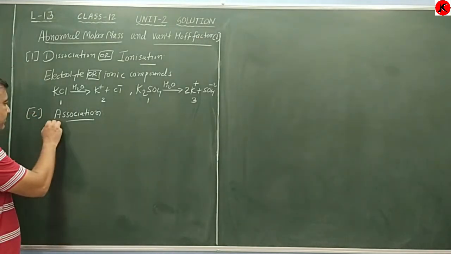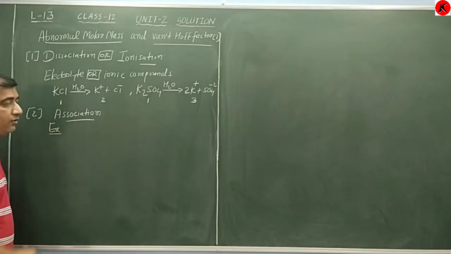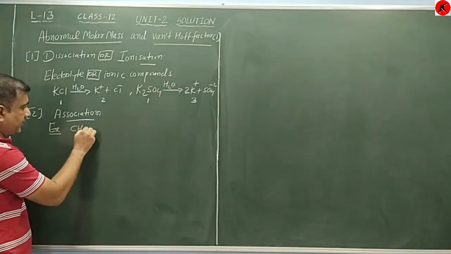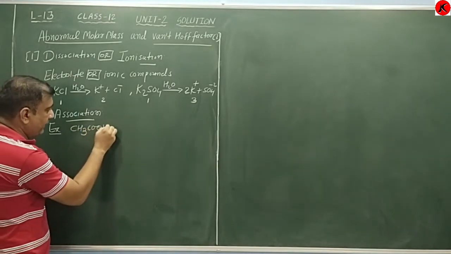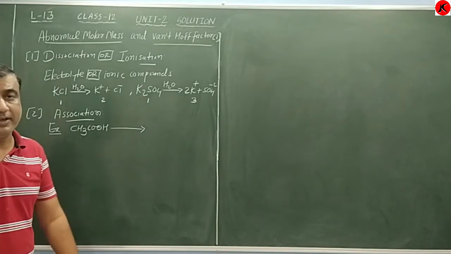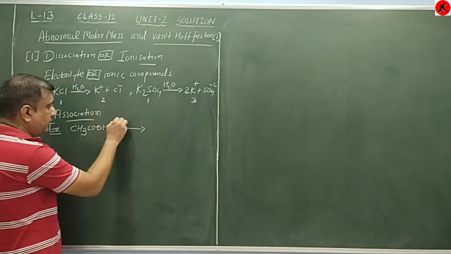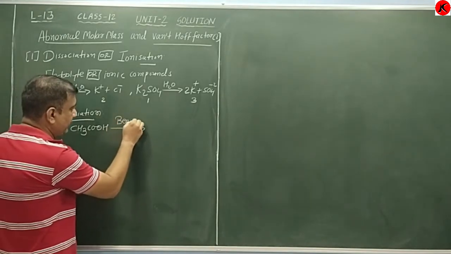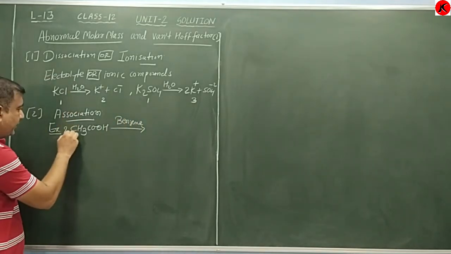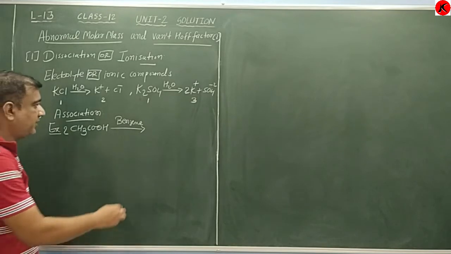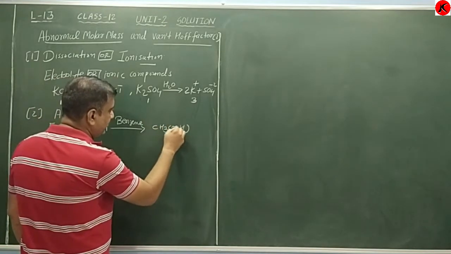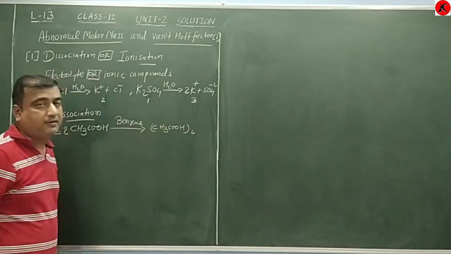For example, when acetic acid, otherwise ethanoic acid, CH3COOH, is dissolved in a non-aqueous solvent, suppose benzene having low polarity, then two molecules of ethanoic acid combine.